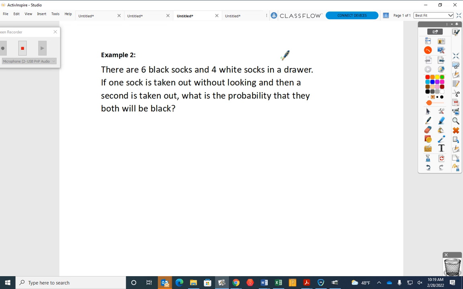Why is that? Because if a sock is taken out without looking, and then a second is taken out, did I put that sock back? No. So if I take something out, do you think that affects the probability? Yes, it absolutely does. So first of all, how many socks are there? There's 10 socks.